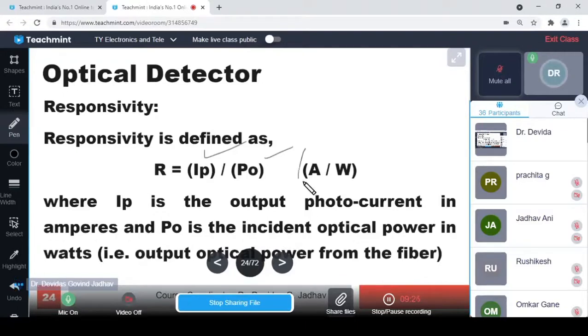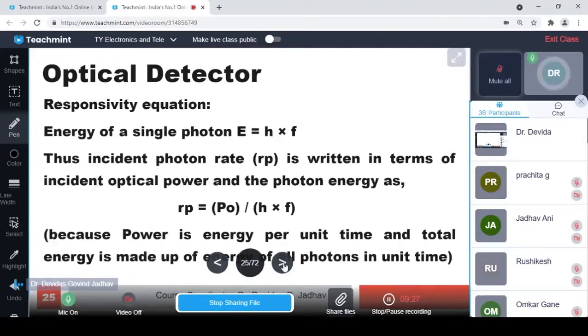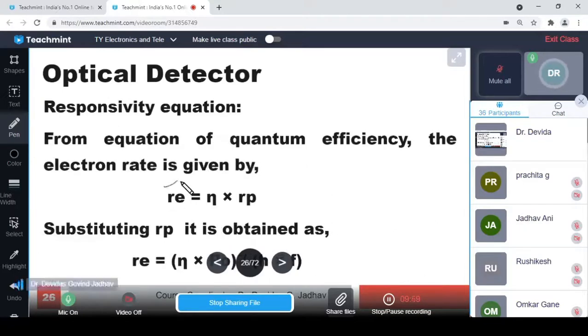This is the derivation we have discussed in detail and revised three, four, five times. The energy is E equal to hf. The photon rate is the optical power divided by the energy of the photon, hf. Then Re is quantum efficiency multiplied by Rp, from the quantum efficiency equation, and we substitute Rp, that is Po upon hf.